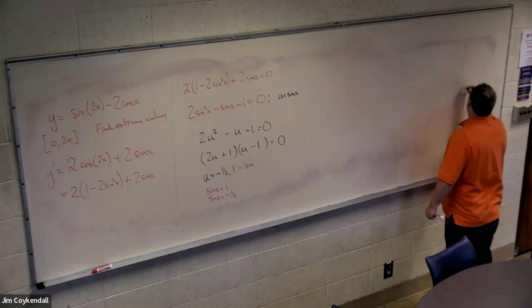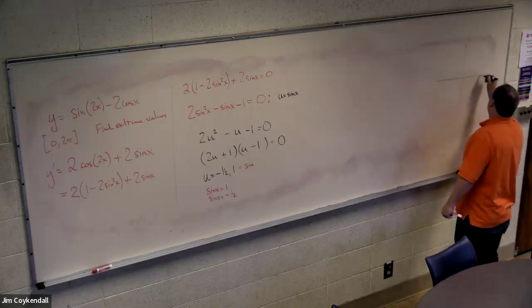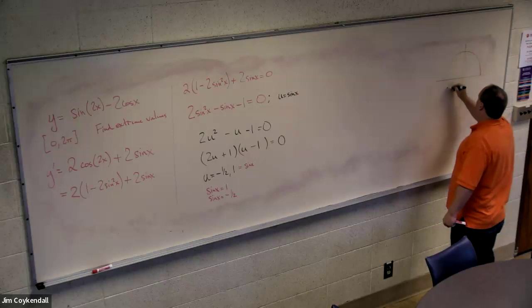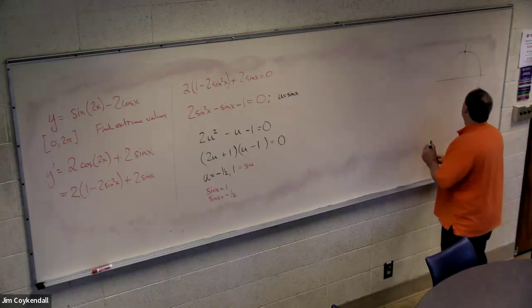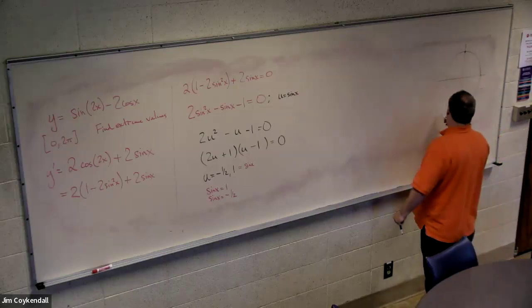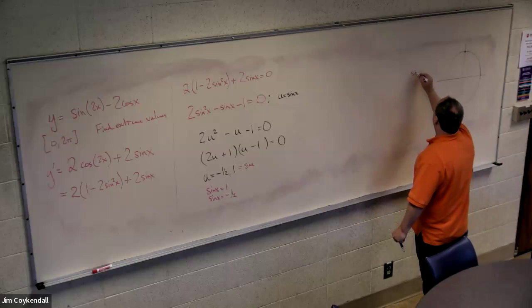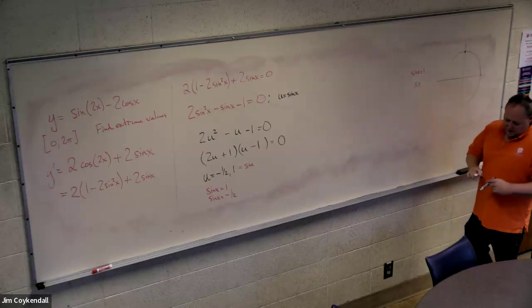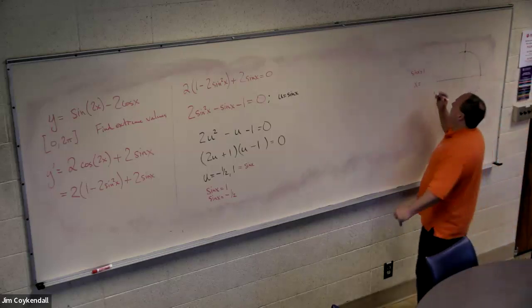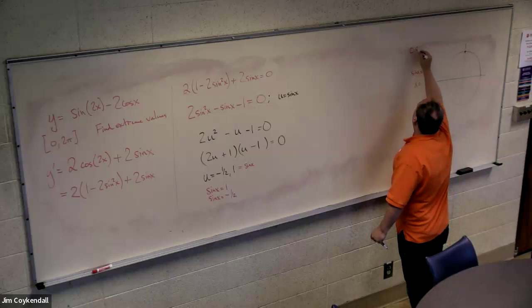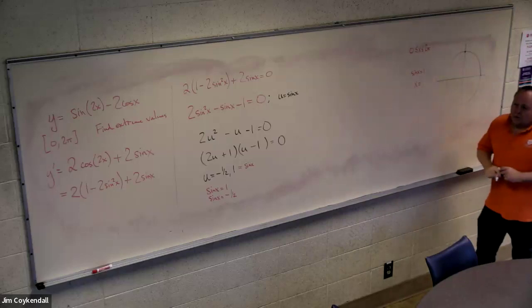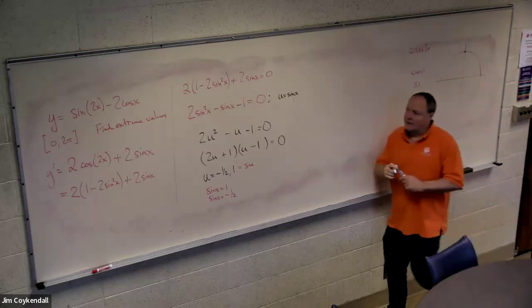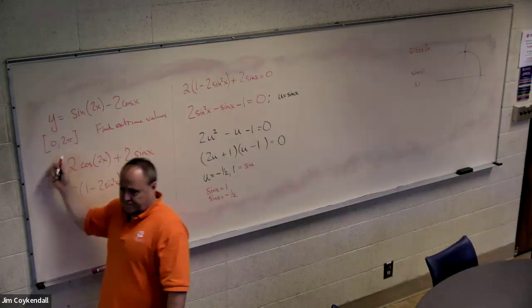Circle trace. Sine x equals 1. And here, remember, x is between 0 and 2 pi, because that is the interval.